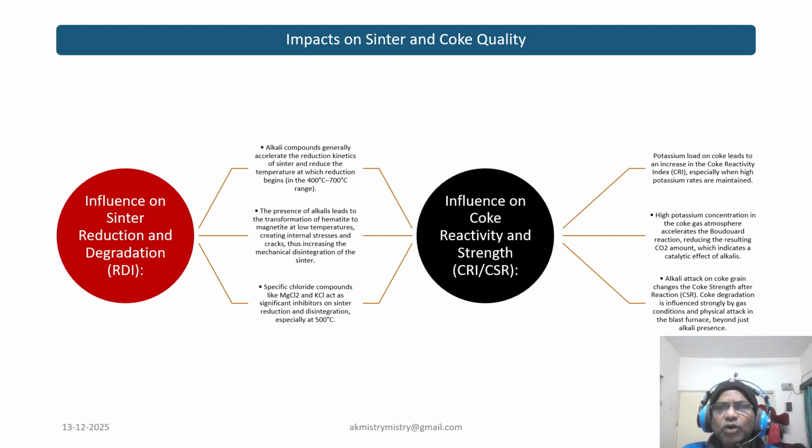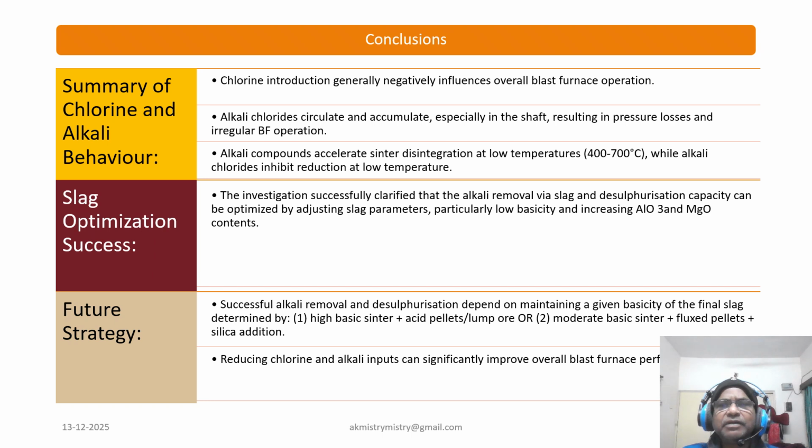Now coming to our next slide, which is about the conclusion and the path forward. To summarize the problem, we can say that chlorine input is generally detrimental, no doubt about it. It leads to circulating alkali chlorides that cause shaft accumulation, burden degradation and operational irregularities.